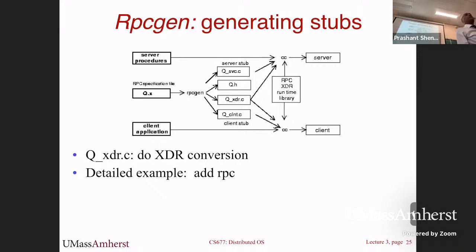This is common in many scenarios where you essentially have a header file and there's some auto-generated stub code that is given to you. So you can take a look at this when you do that lablet. You will see that when you compile it, it generates all these extra files for you that you can link to your application.